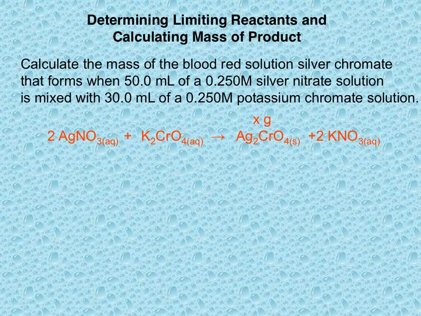So I'm going to convert that 50 mL to 0.0500 liters. I'm going to multiply by its concentration at 0.250 molarity. When I do, I determine the moles to be 0.0125. That's the moles of the silver nitrate.